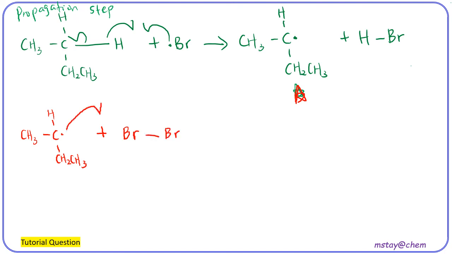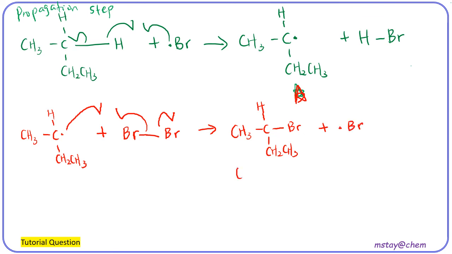Once it attacks the bromine, same case as the previous step, the bond of the bromine molecule will break down homolytically, and each of them gets one electron. So with this, the product will be CH3, CH, CH2, CH3, bonded to the Br with the free radical.